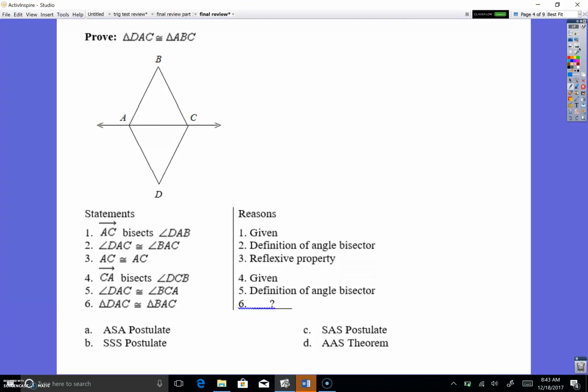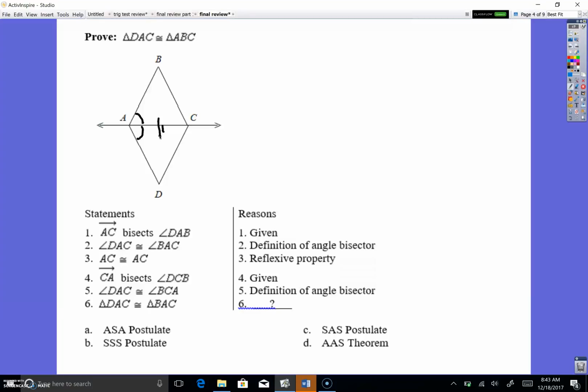Given. DCA is congruent to BCA, definition of angle bisector. AC is congruent to AC, the reflexive property. CA bisects DCB.